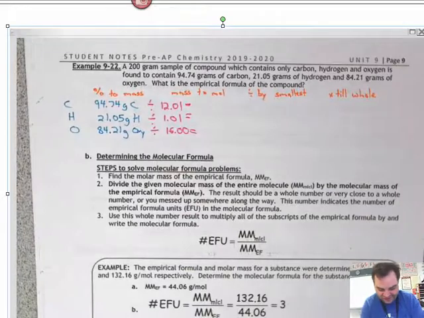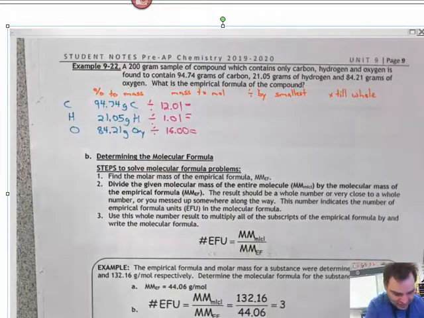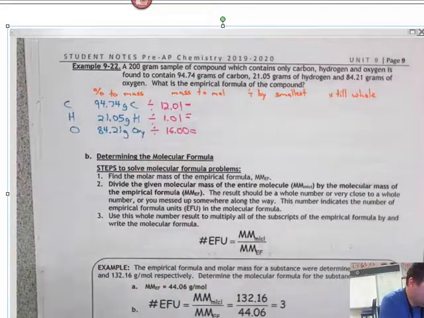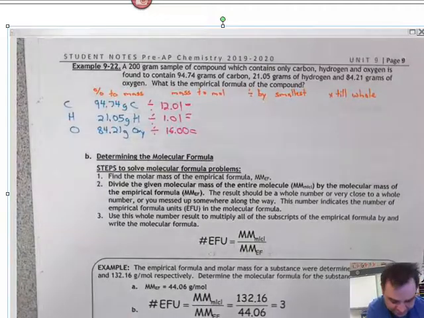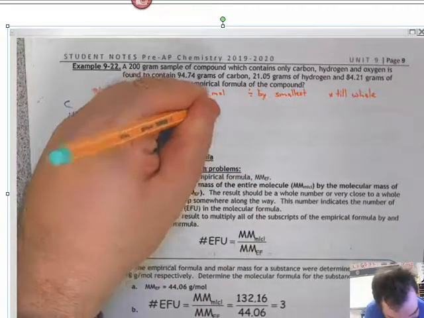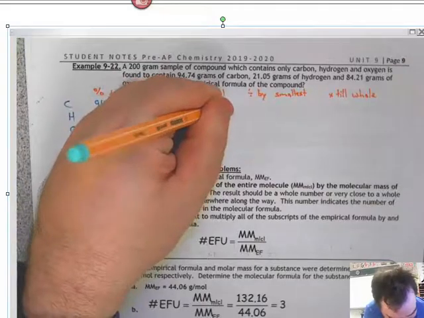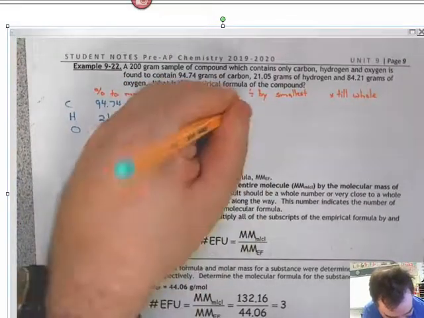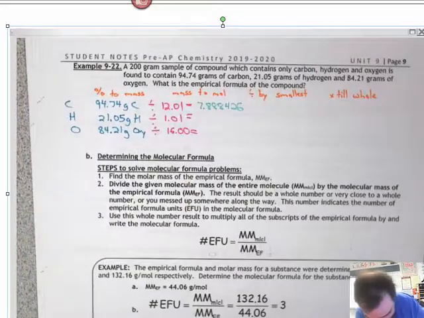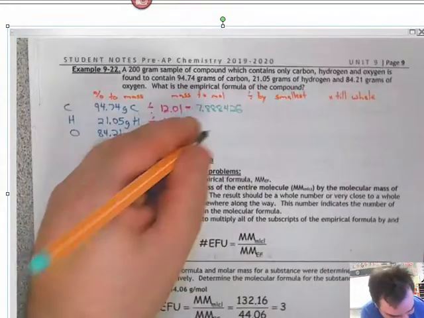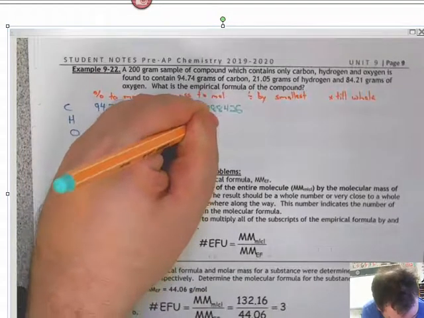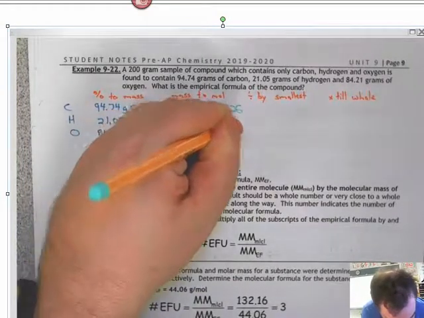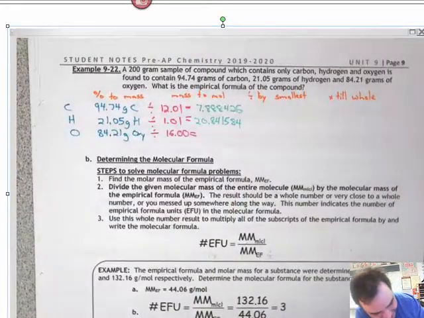Again, we're not going to write out a big, long number here. 94.74 divided by 12.01, so this time we got 7.888426 carbons, and 20.841584 hydrogens.